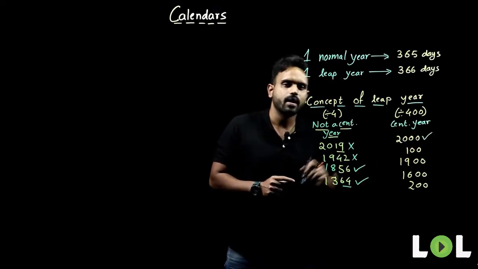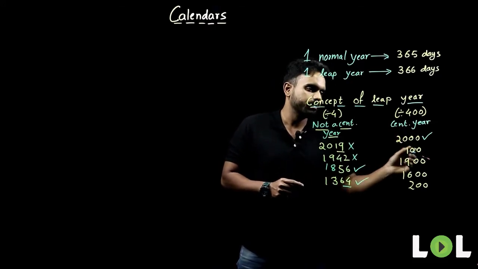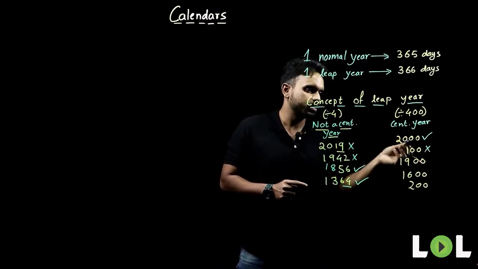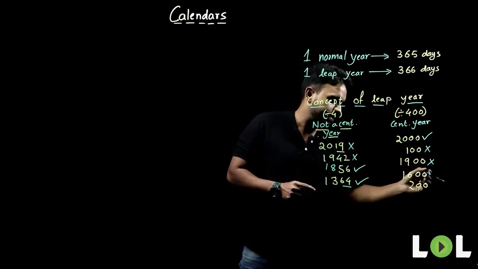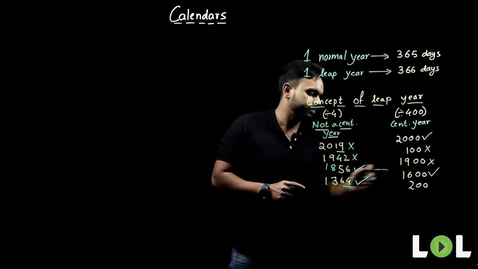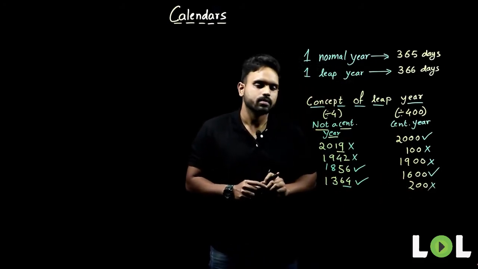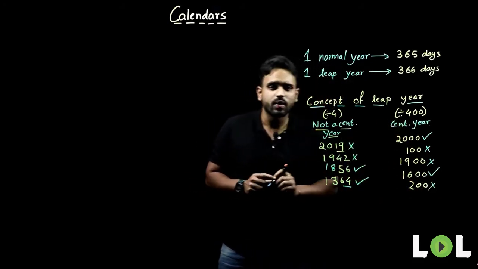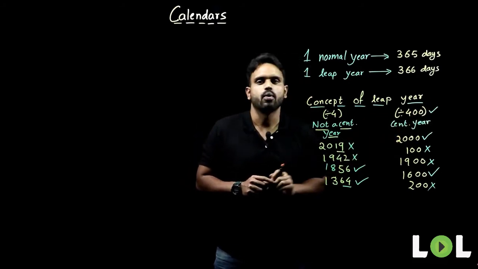Yes. So this will be a leap year. 100? No. So it is not a leap year. 1900? No. 1600? Yes. So 1600 is a leap year. 200? No. So for every century year to be a leap year, it must be divisible by 400.